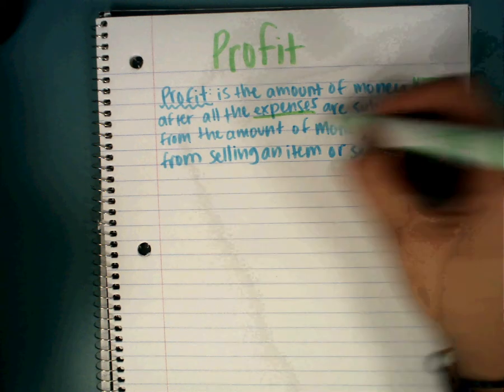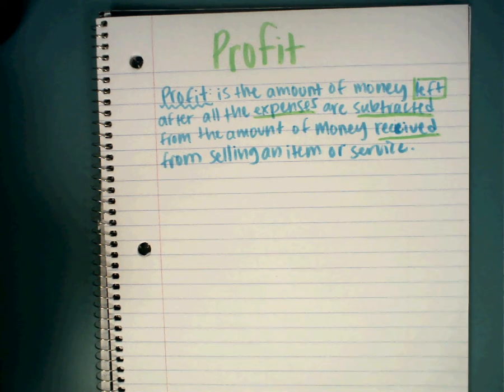So if I have a lemonade stand and I know that each cup of lemonade costs me $1 to make, and I sell 20 cups of lemonade and then I sell them for $2 each, well, 20 cups of lemonade times $1 equals $20 to make that lemonade, and then I sold them for $2. 20 times 2 is 40.